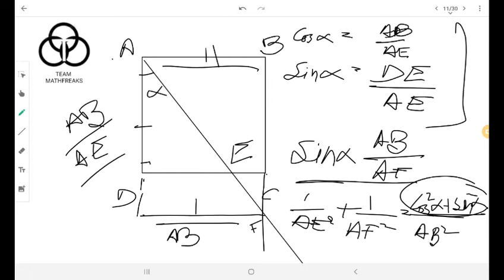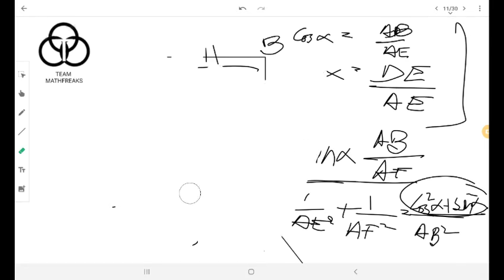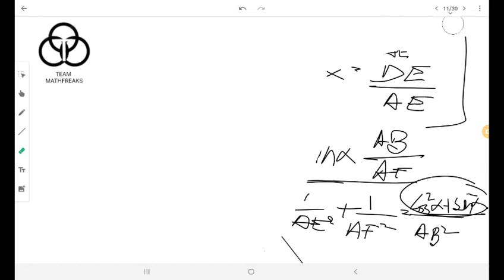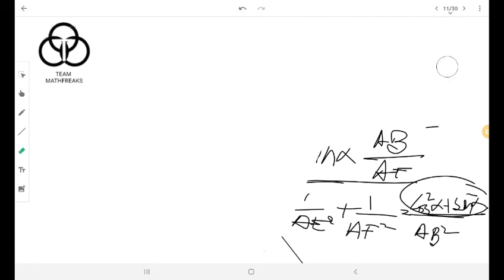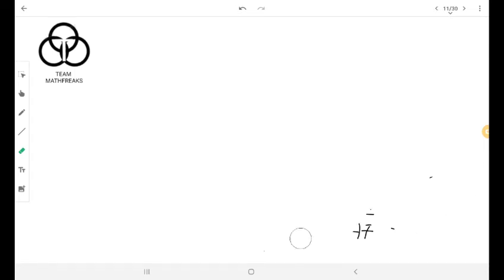Now you would ask me, sir, you are teaching similarity. What was the similarity about? That's the interesting part. You can also prove it using similarity. The similarity and the concept of sine, tan, all these things are based on similarity of triangles only.